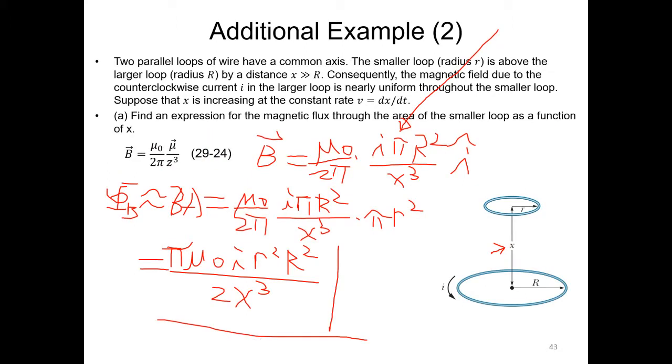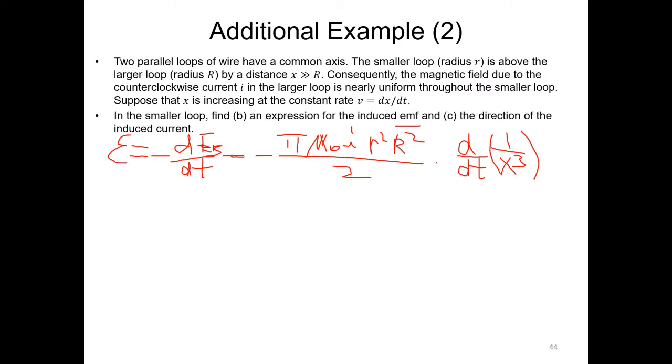because all the other terms are constant with respect to time. Only the variable is x, because it tells you that the loop is moving with a constant rate. So we need to consider the derivative of this term. So we have pi mu 0 I r square over 2.